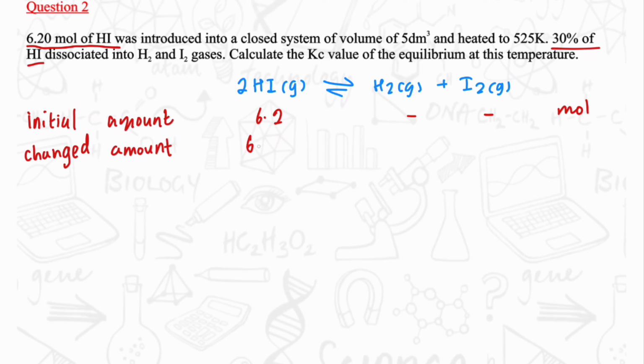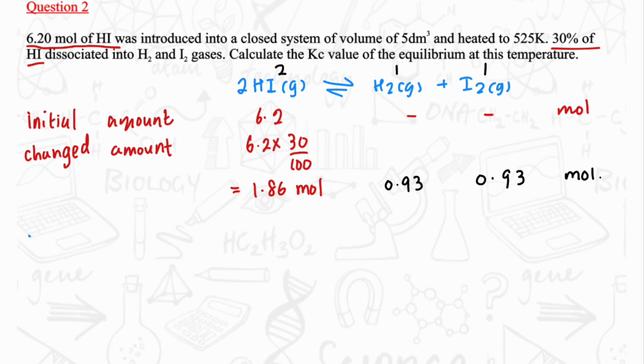So the changed amount will be, if we simplify this, we get 1.86 moles. And then the ratio is 2:1:1. Therefore, half of this, and that is 0.93 moles, will be formed.